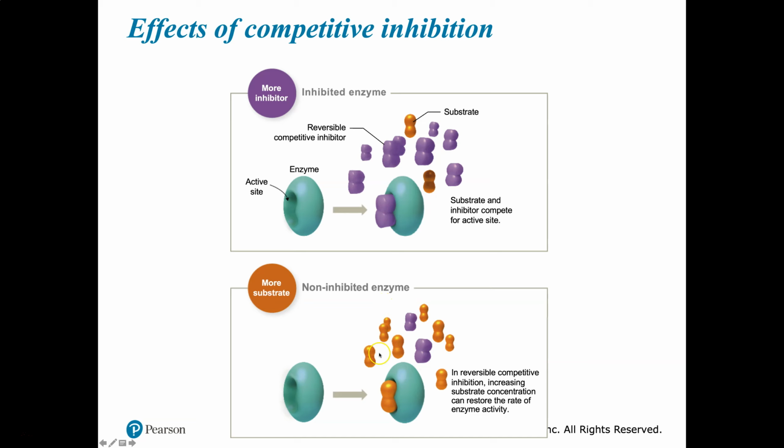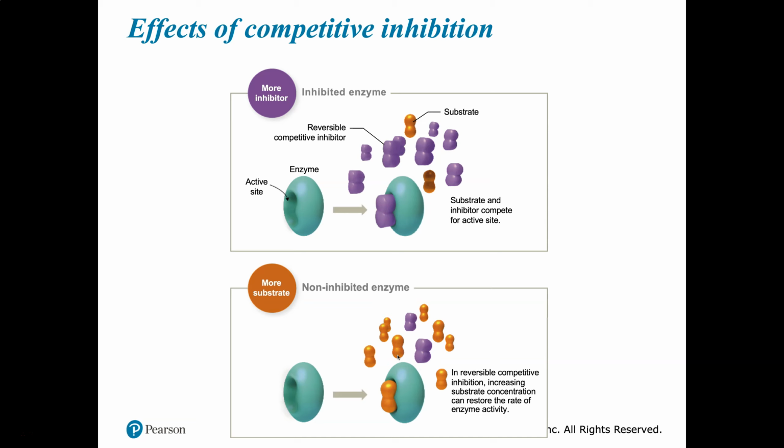If you have more substrate than you do inhibitors, then it's more likely that the enzyme does not become inhibited, right? You have 10 substrate molecules and 2 inhibitors.